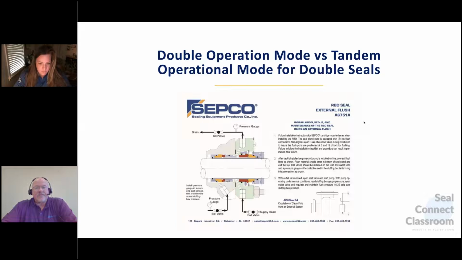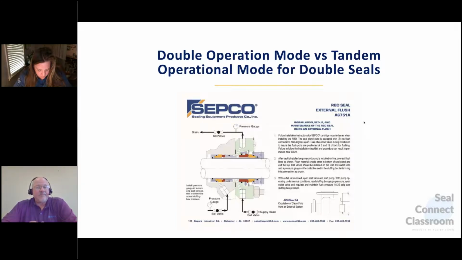So what happens is when you inject that barrier fluid between those two seals at 15 to 20 psi above that maximum stuffing box pressure, also make sure that when we talk about maximum stuffing box pressure, if operations deadheads that pump, we need that fluid injected at that elevated pressure, the maximum pressure that seal is going to see in operations.